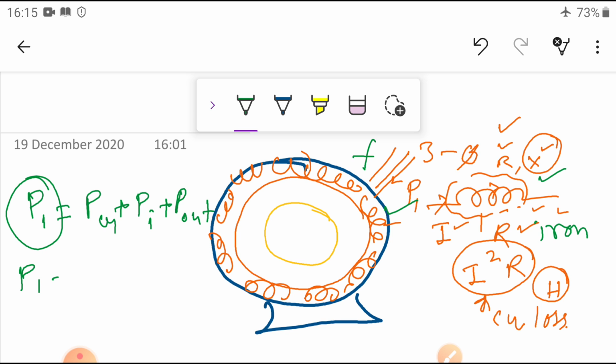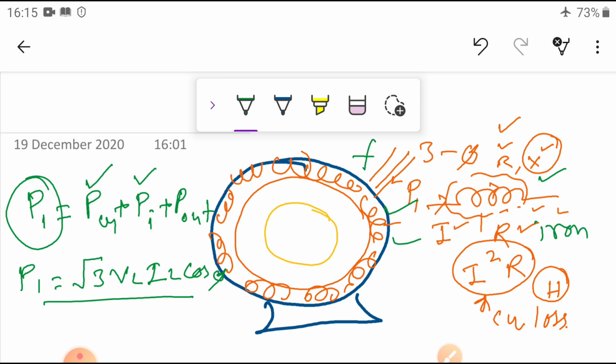P1 we can write as root 3 VL IL cos phi, that is the power input to the motor. This power is converted into copper losses, iron losses, and the remaining output energy. So some losses occur here.